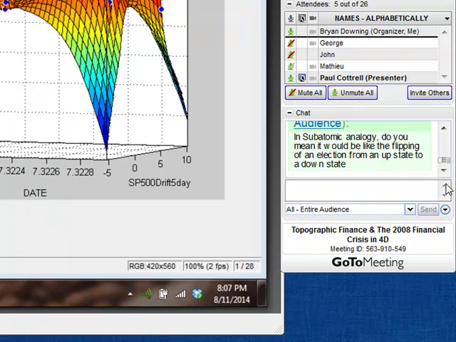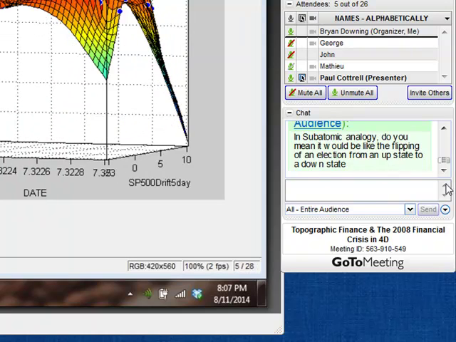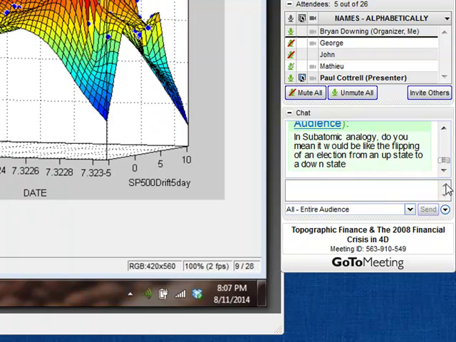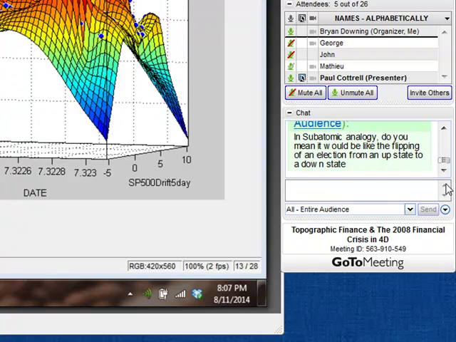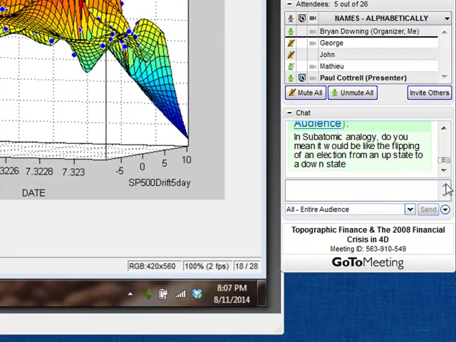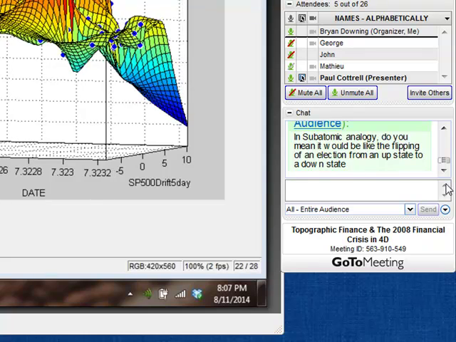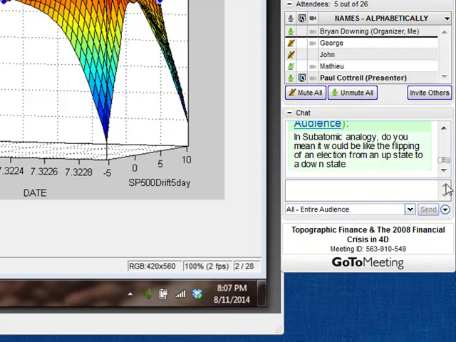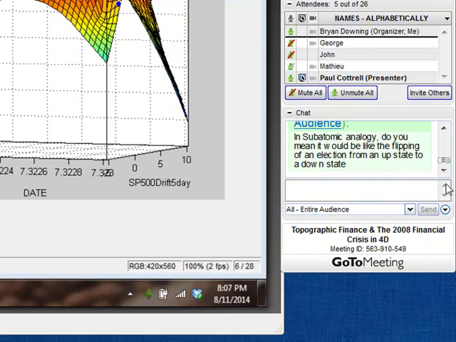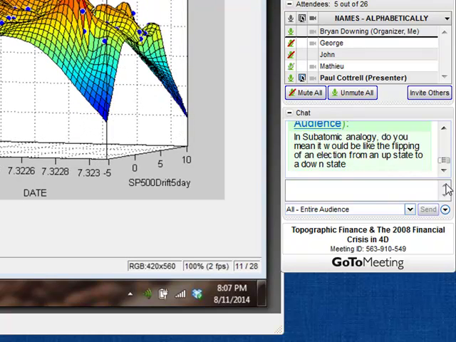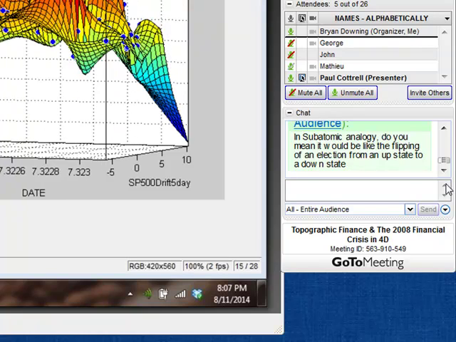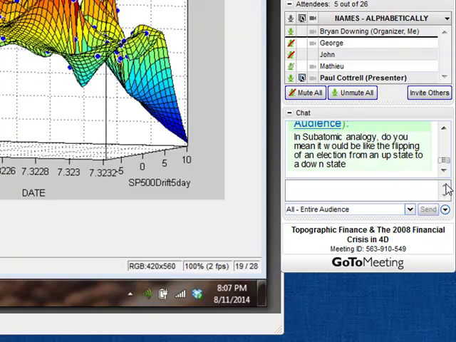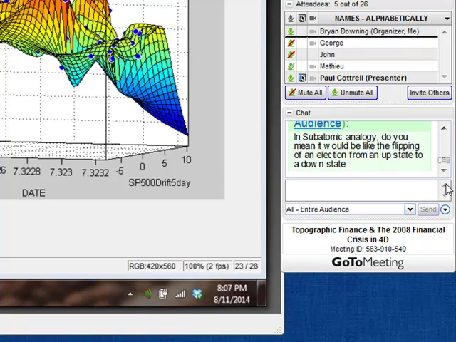And the surface doesn't have to be a volatility surface. It could be any three-dimensional matrix that you think is useful in your trading. I prefer to use volatility surfaces in terms of correlations or codependencies, or more like a Black-Scholes method.